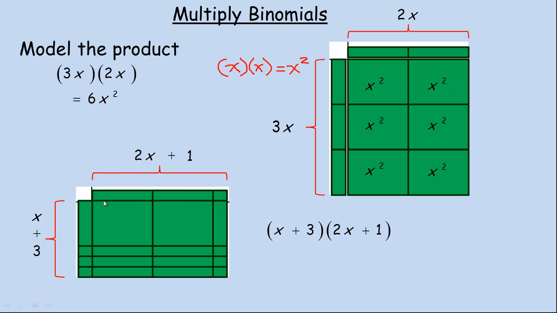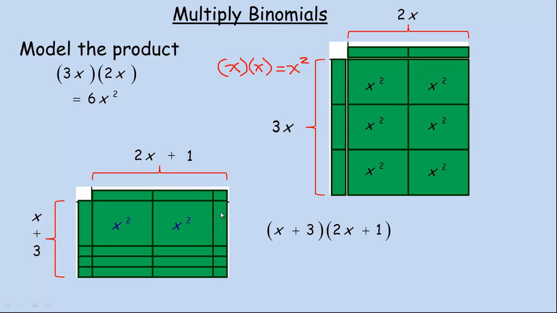Now when we find the area of this rectangle that's 2x plus 1 here by x plus 3 here, these are all the shapes, squares and rectangles, we get in the middle. Each of these is an x by x dimension, so these are x squareds, just like those are all x squareds.